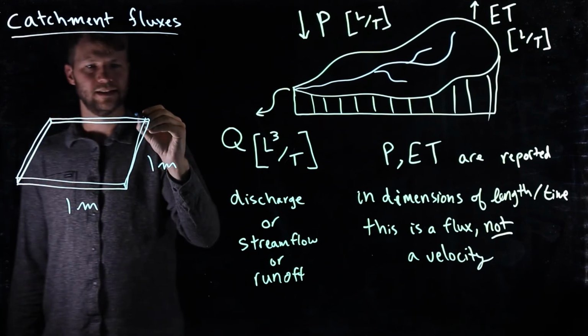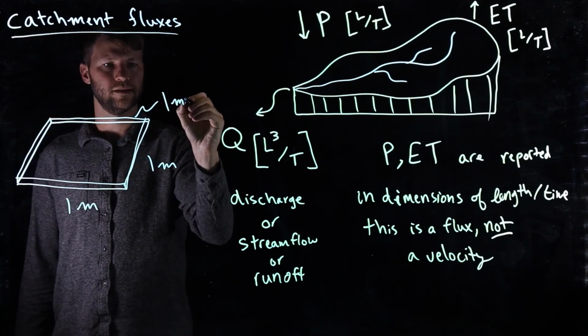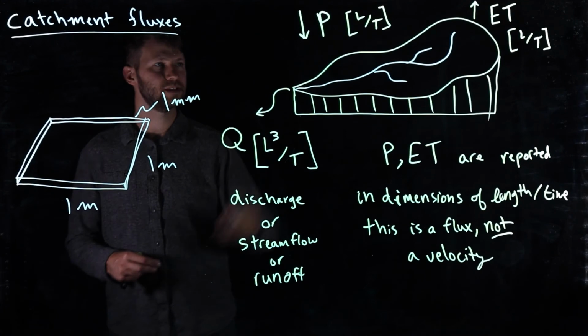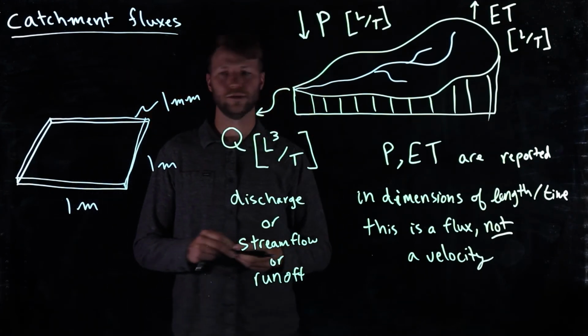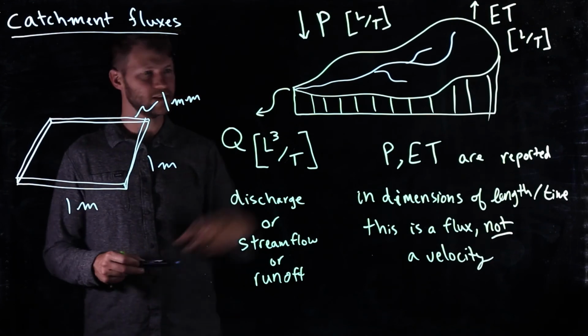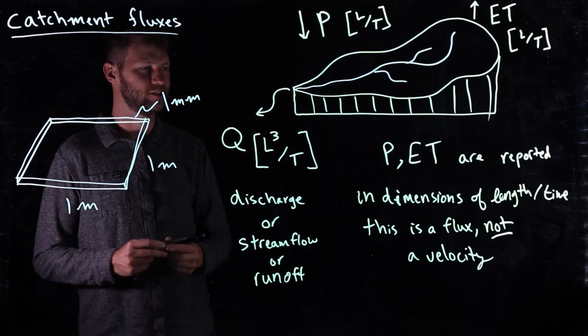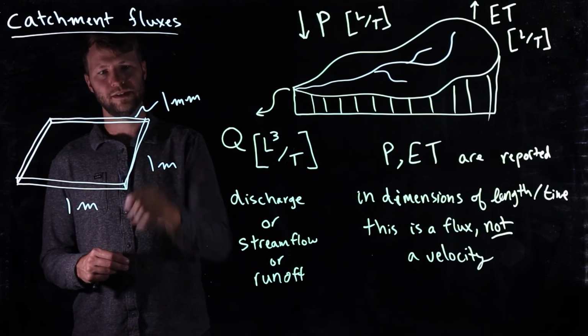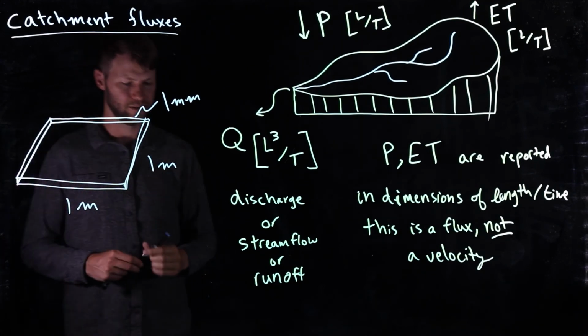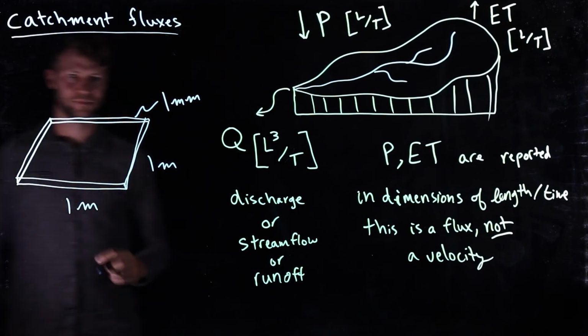And let's say that that is about 1 millimeter of thickness. So if someone says the precipitation rate is something like 2 millimeters per hour, that's not the velocity of raindrops falling from the sky. Instead, that's saying that 2 millimeters of equivalent liquid thickness are accumulating over the course of an hour.